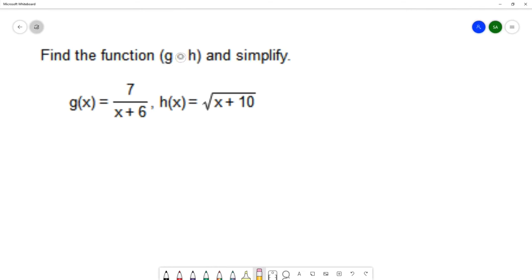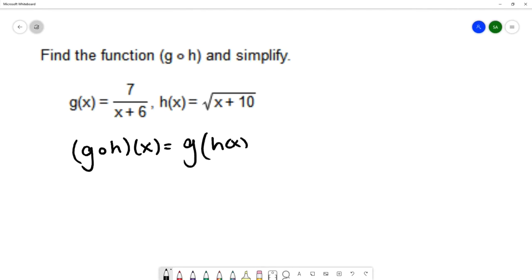Now this operation of composition means substituting one function inside of another function. So g composed with h of x has the meaning of g of h of x. So you can see that the h of x is inside of the parentheses of g.